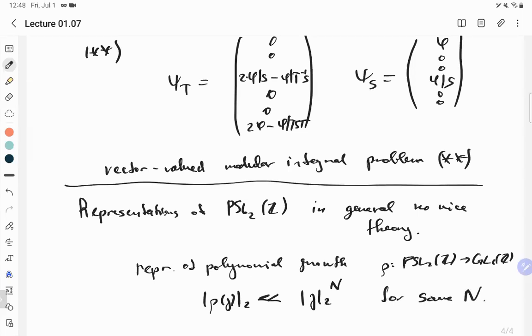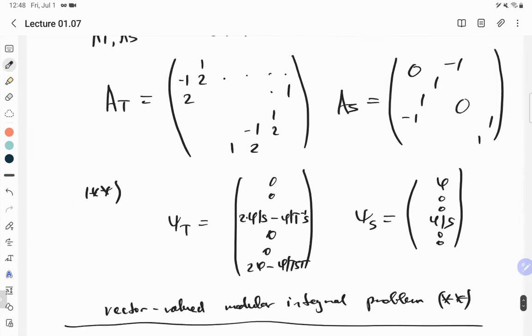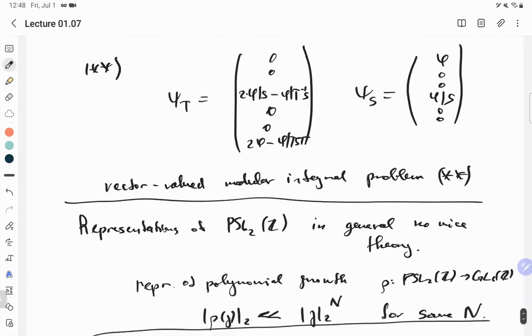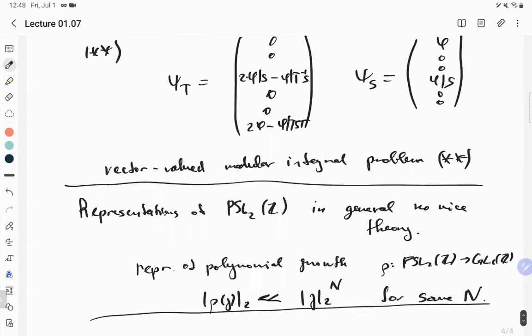And that more or less is the only thing that you need for this whole theory to work well. But if you think about the problem, it kind of is arbitrary. You just come up with these two matrices, they just come from the interpolation problem, and for some reason they actually are nice. So you do get a representation which is not wild.